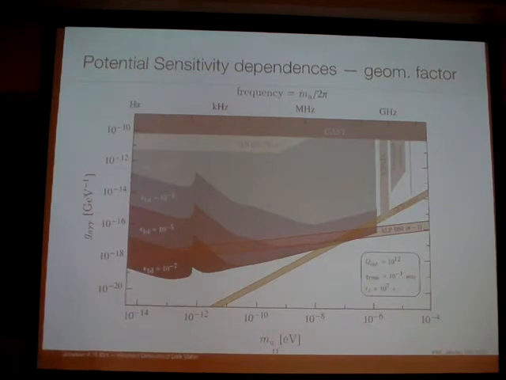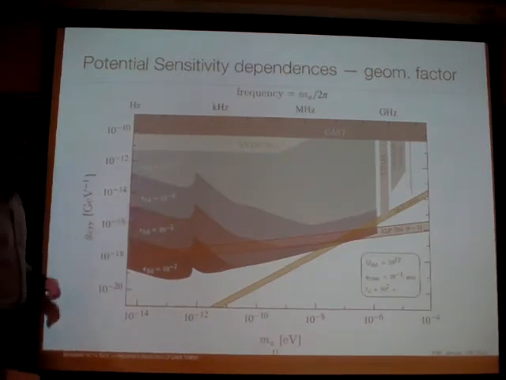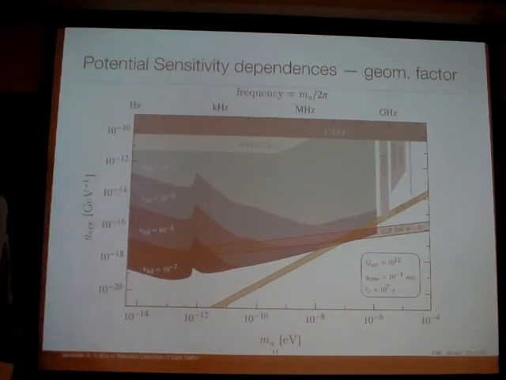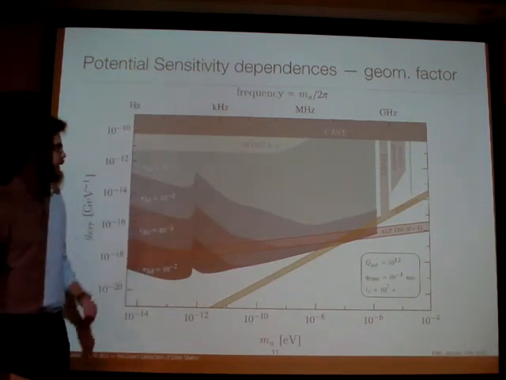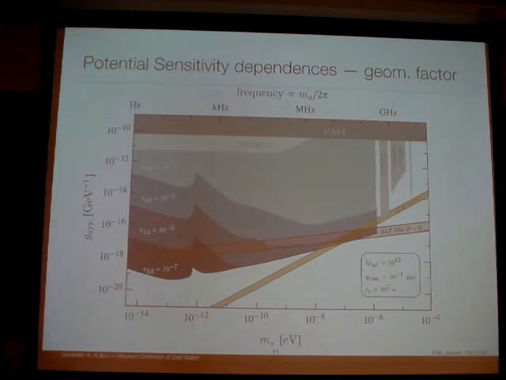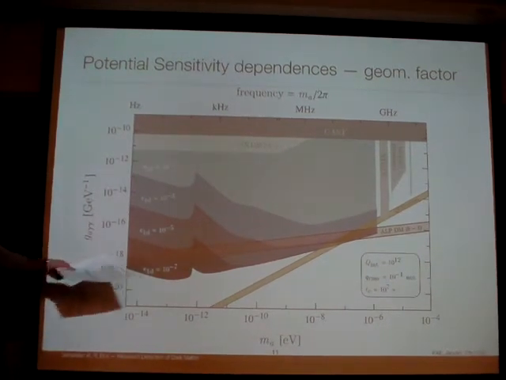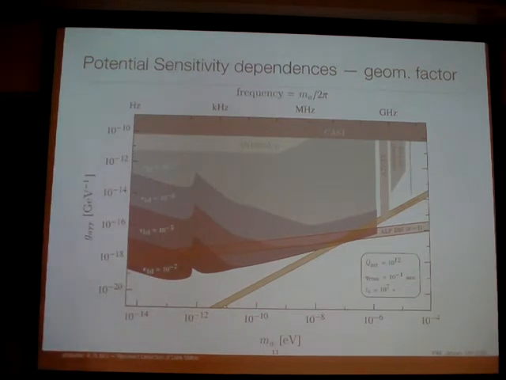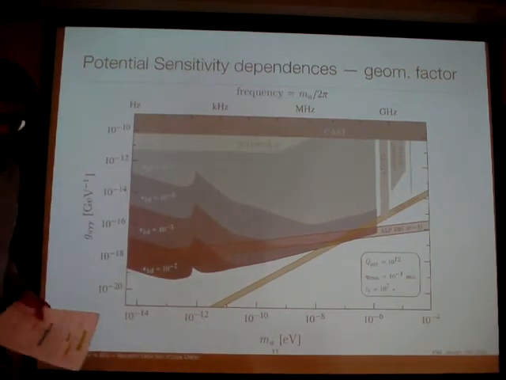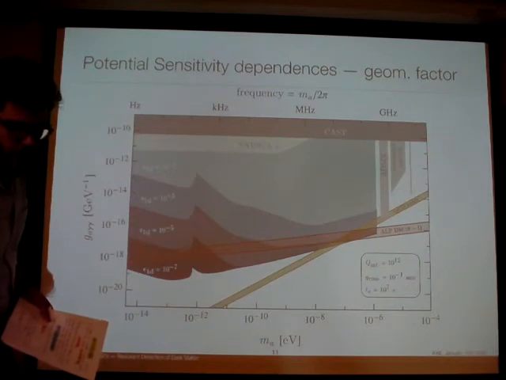But even for order hundreds of micron level control of your cavity, you still have pretty decent reach at high axion masses and a non-trivial reach at low axion masses. So it's certainly not the case that you need nanometer control of the cavity walls to achieve interesting reach.